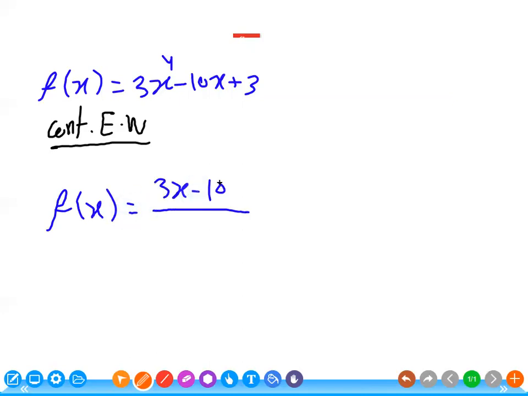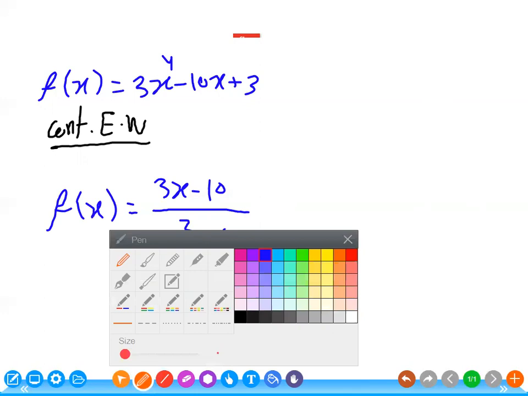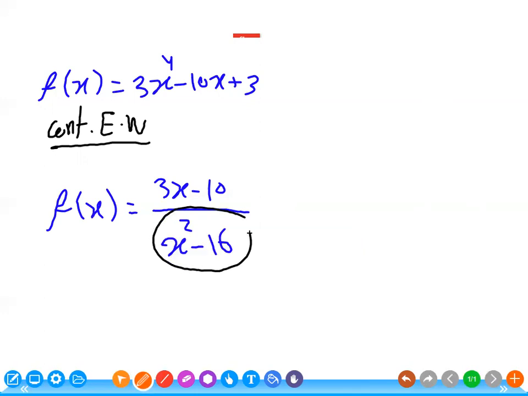Now, if I have f of x equals 3x minus 10 over, for example, x squared minus 16, then we will say, okay, this is rational. Then we are going to solve only denominator, where the function is not continuous at denominator equals to 0. Then we will say x squared minus 16 is 0. Then x squared is 16.